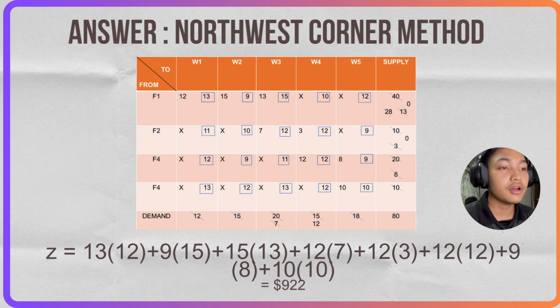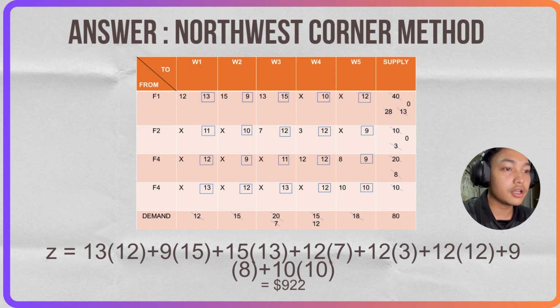While for warehouse 5, it will get a supply of only 8 units from factory 3, due to the balance after subtracting the demand needed by warehouse 4. And the balance of the demand, which is 10 units of warehouse 5, will be supplied by factory 4 to be completed. After all the demand and supply have been completed, we will calculate the total transportation cost under the northwest corner method.